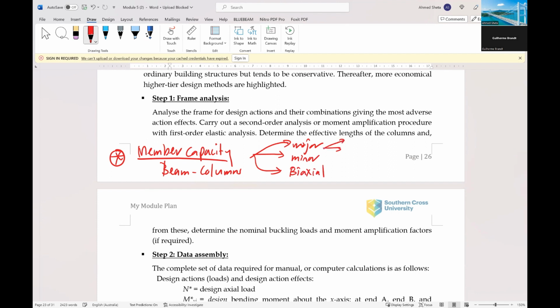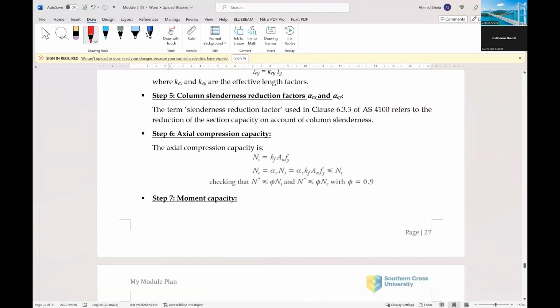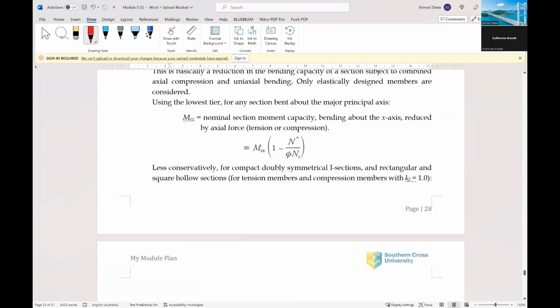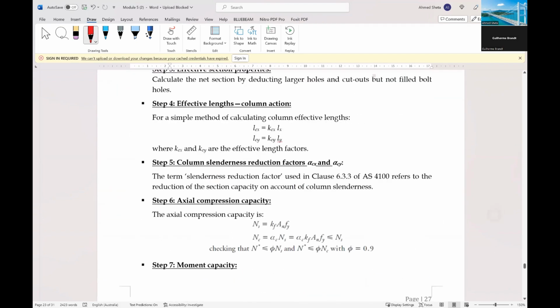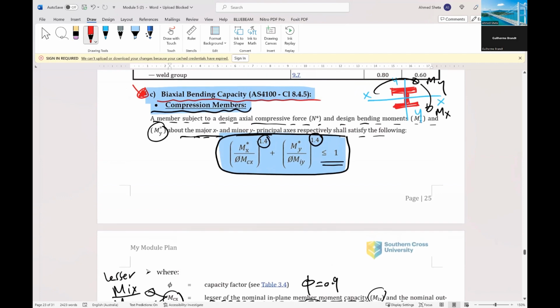In this one, we have compression member and tension member. So we have six cases of member capacity for combined action members. Okay. So these are all the formulas we have in the design of members subjected to combined actions.